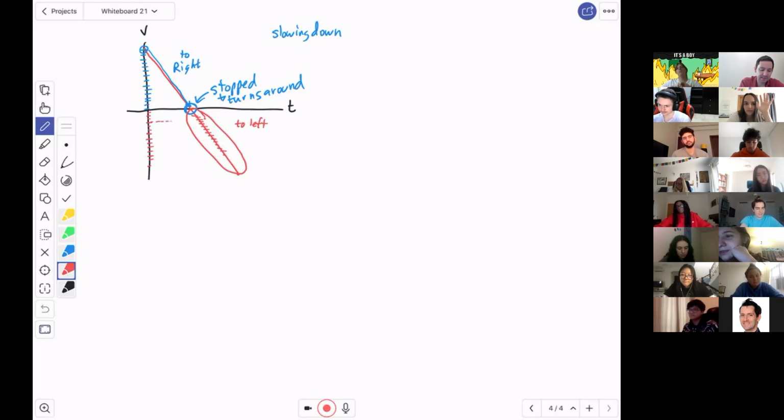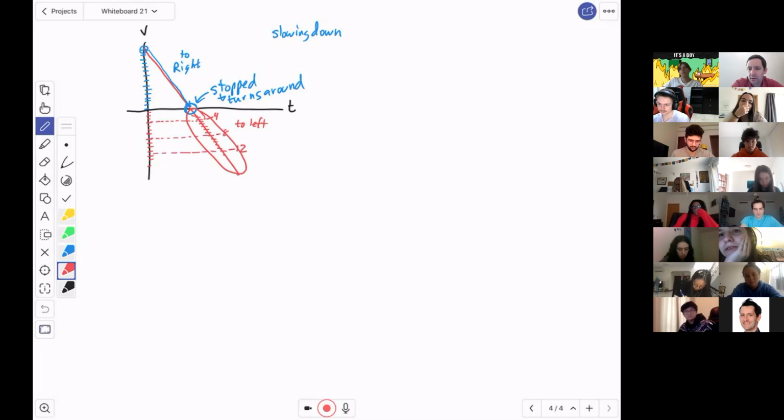Let's think about this. Let's just throw some numbers in. Let's say the change in velocity is -4. I go down a little bit further, now it's -8. I go down a little bit further, now it's -12. What's happening to the numbers?